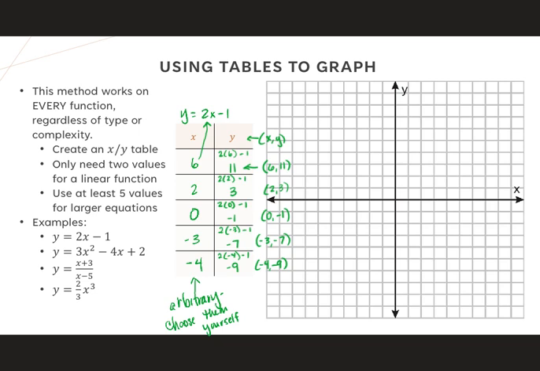Then I can come over to my graph and say, all right, -4, -9 is about here. -3, -7, 0, -1, 2 and 3, 6, let's see, 1, 2, 3, 4, 5, 6, and 11 doesn't fit. It's actually up there somewhere. And then I can just connect all my points. Even though I didn't draw the rest of those points, I know that they're on that graph.